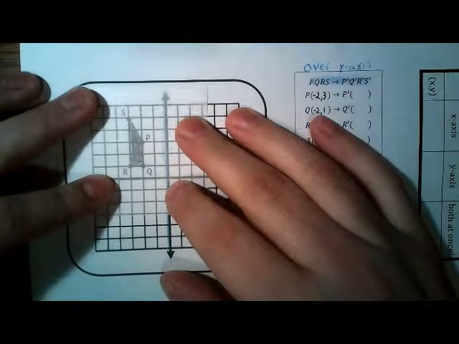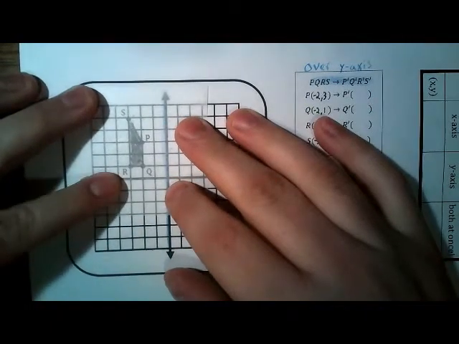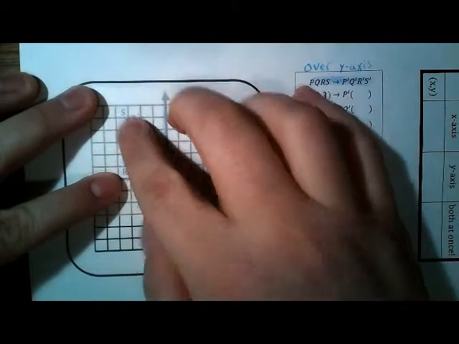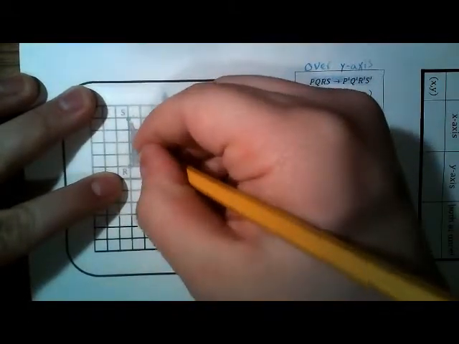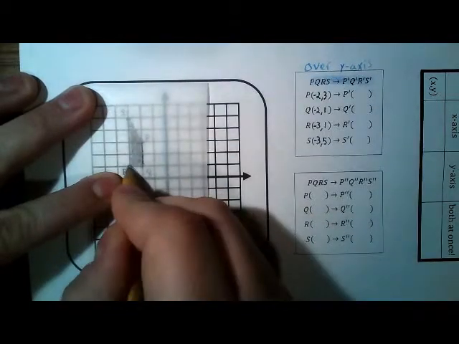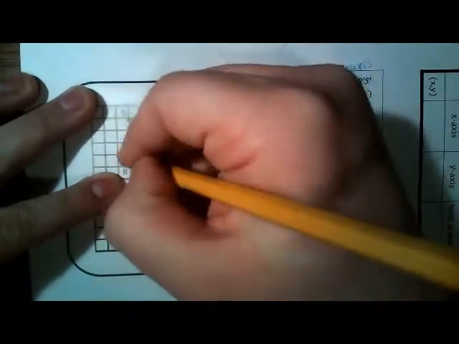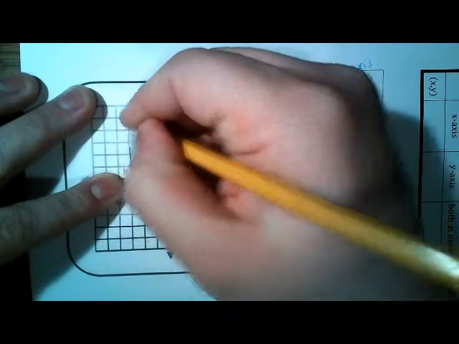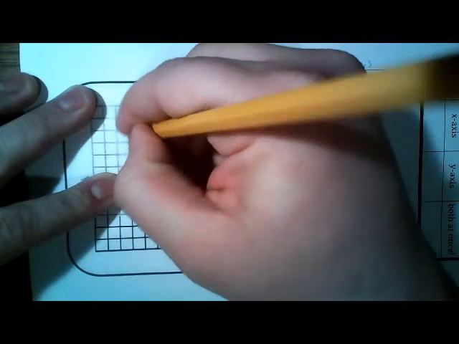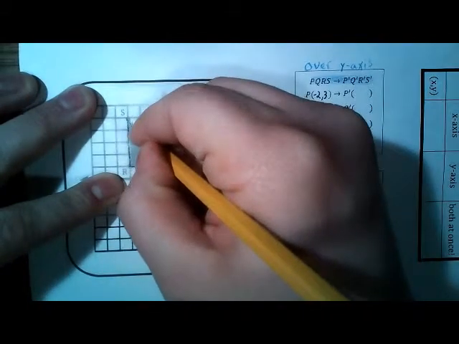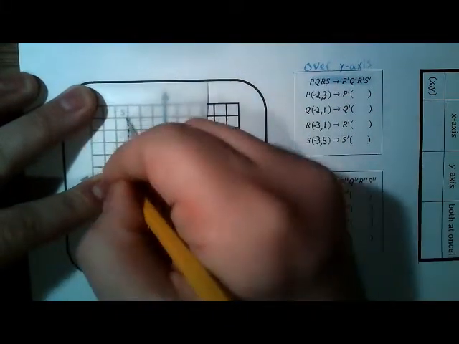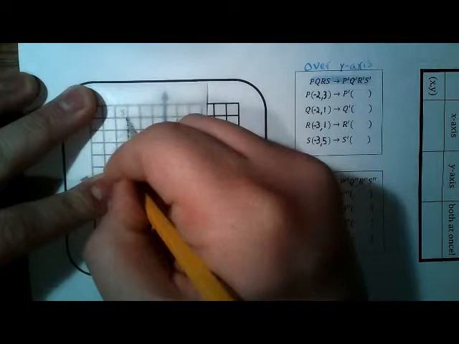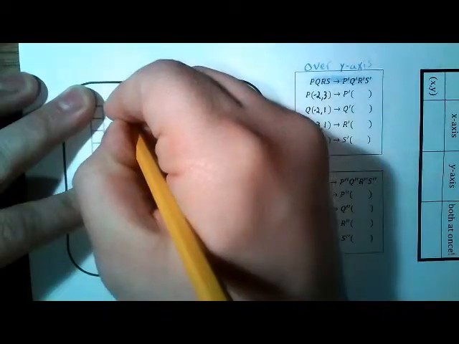So I'm going to copy over PQRS, and when I do that, I want to label P, Q, R, and S.